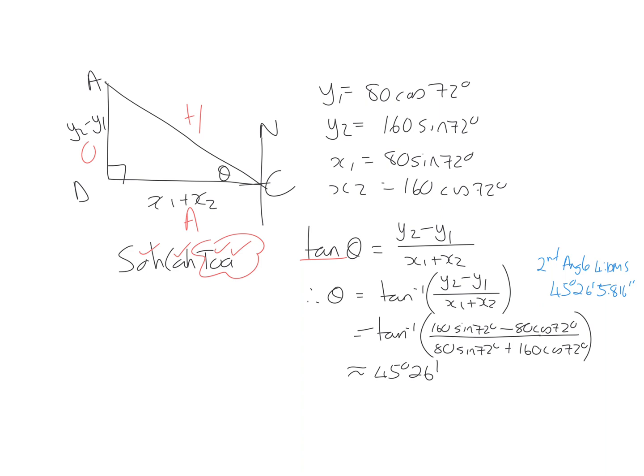To do a true bearing, I start at north, go all the way to line AC. So that's 270 degrees that needs to be added. So if I go 270 degrees plus theta, I will add the 45 degrees and 26 minutes, and that will give me 315 degrees and 26 minutes.